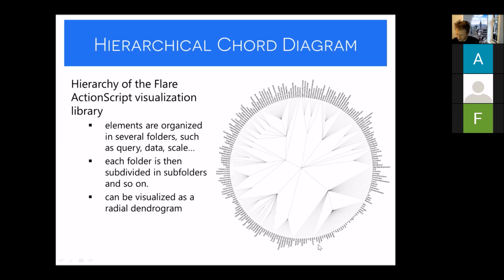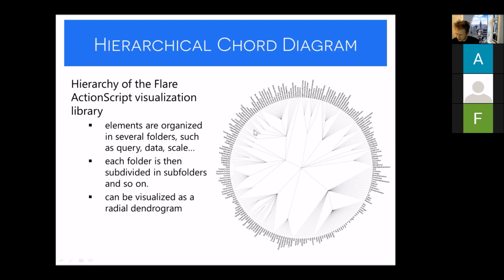There are a lot of methods here, and they have groups, and they can be used with one another, but they're organized in folders, and each folder is subdivided in subfolders, and so on. This is a typical way in which you can represent them nicely as a circular representation.